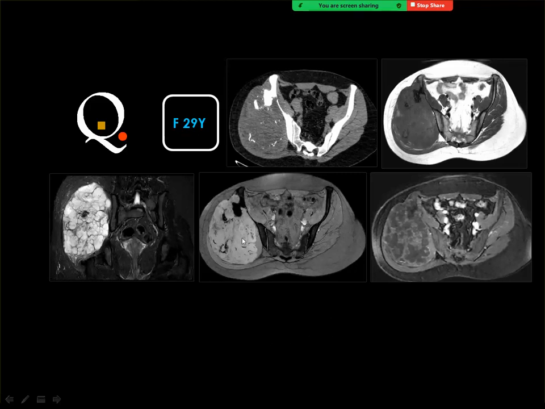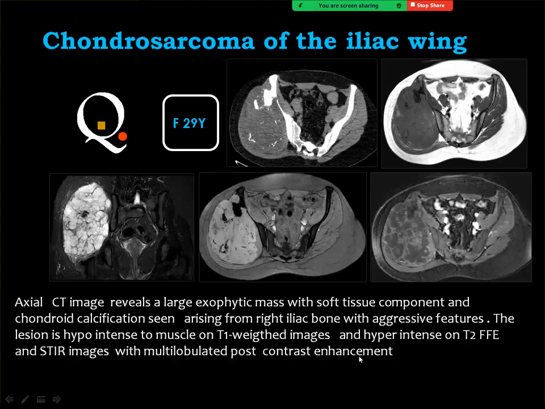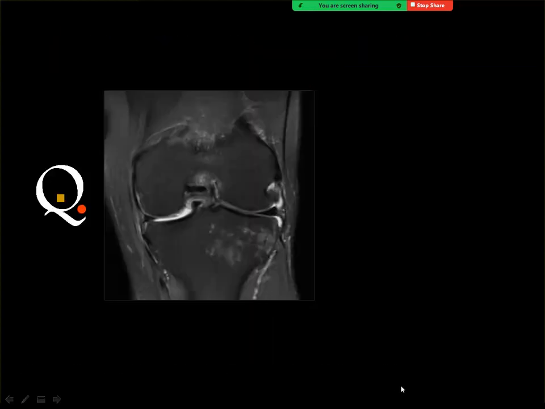Ewing sarcoma is seen more commonly in the pediatric age group. Also, whenever you see a malignant mass with matrix calcification in the tumor tissue, then you think of chondrosarcoma, and this is chondrosarcoma of the iliac wing.